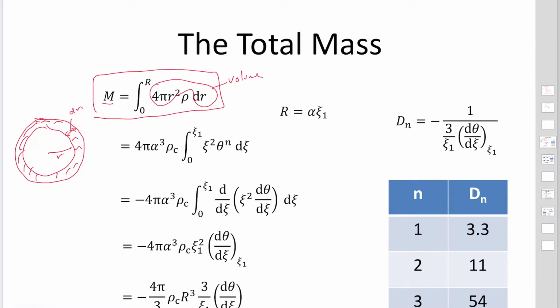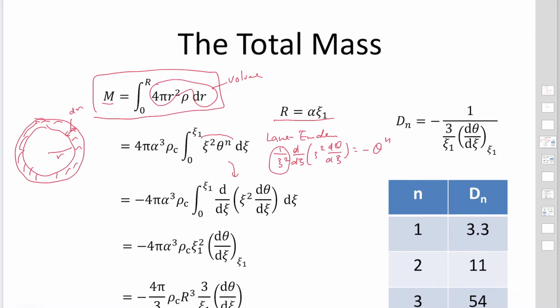You can change the equation using ξ, and for ρ we use θ. Then it becomes ξ² θ^n. And the capital R, the radius of the star, is given by α times ξ₁. Then from this to here, you can use the Lane-Emden equation: 1/ξ² d/dξ (ξ² dθ/dξ) = -θ^n.